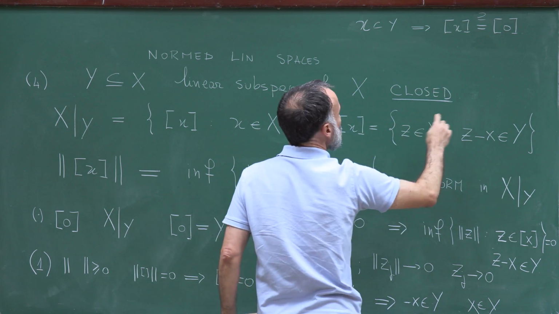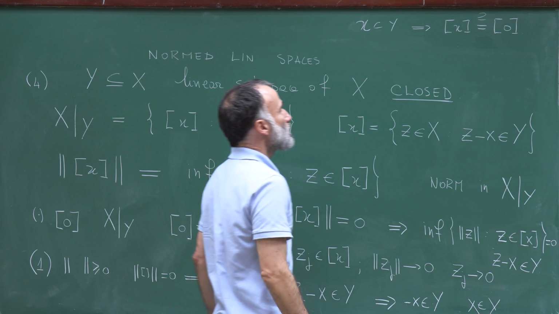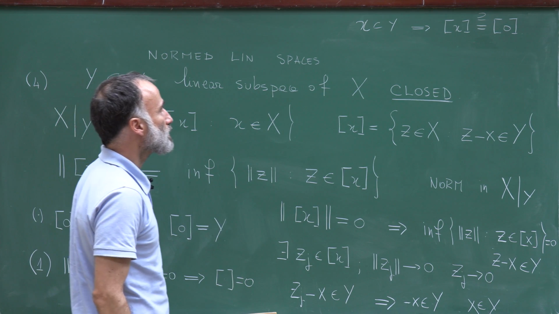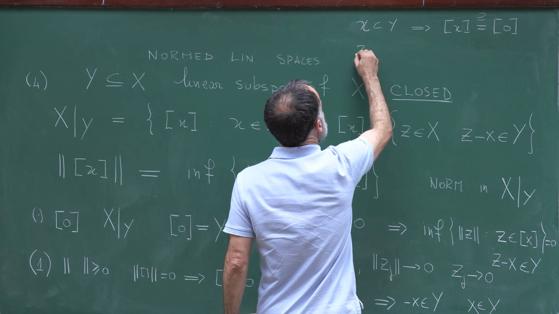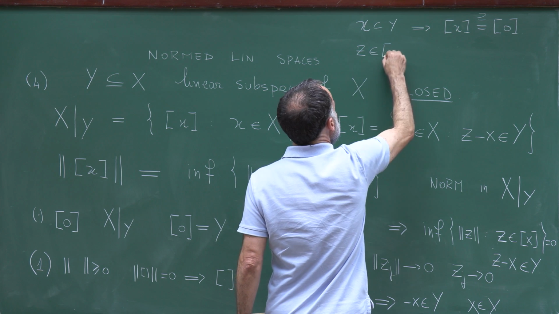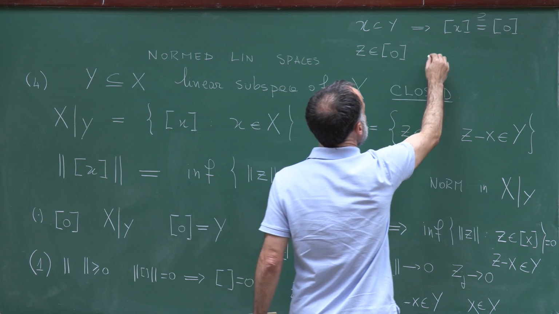condition. So I want to prove that the equivalence class of 0 is contained in the equivalence class of x. So let's take an element z in the equivalence class of 0.